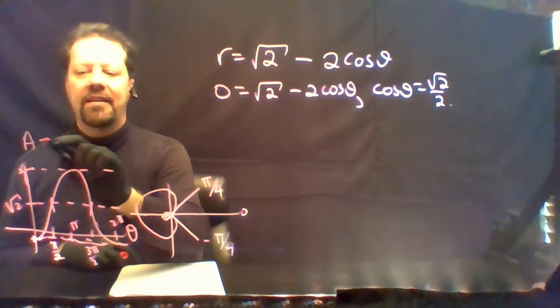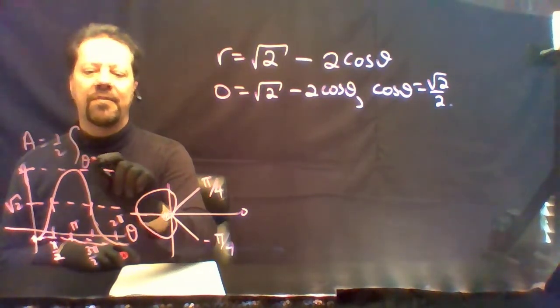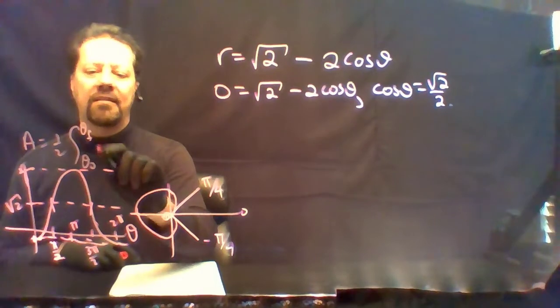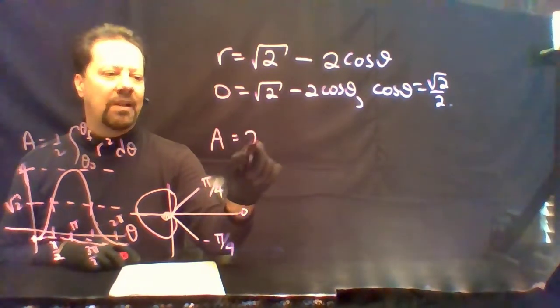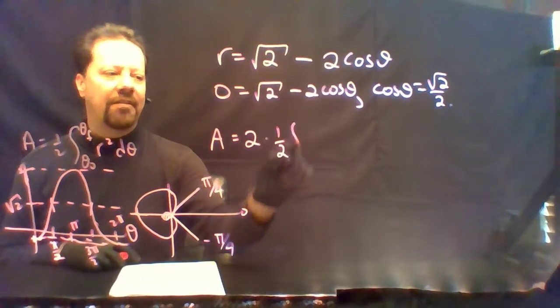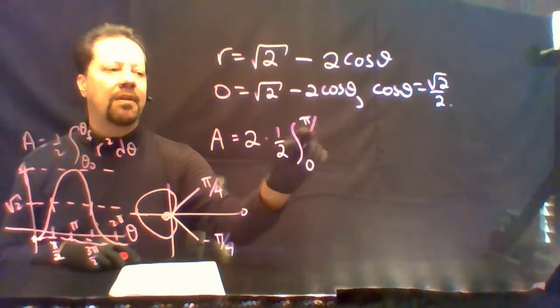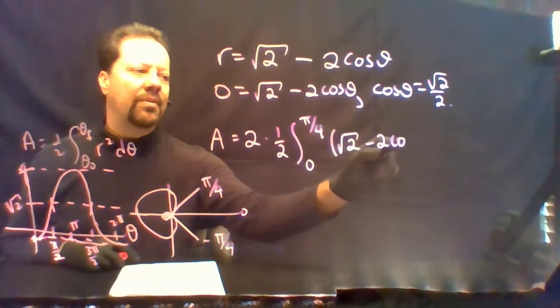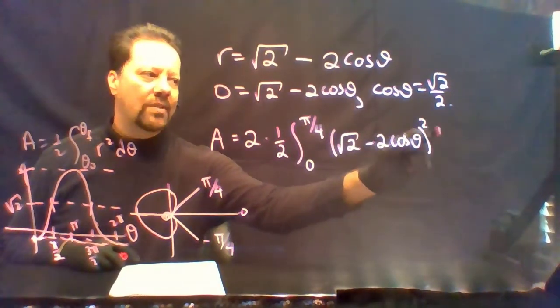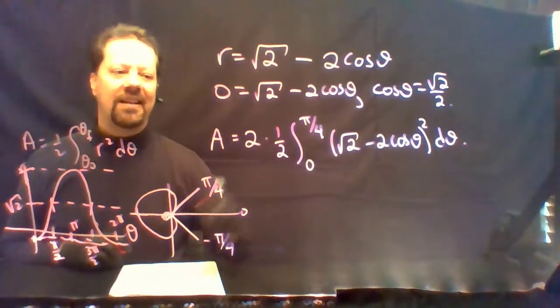The formula for the area is 1/2 the integral from theta naught to theta final, r squared d theta. So for us, we'll have double that 1/2 integral from 0 to pi over 4, (root 2 minus 2 cosine theta) quantity squared d theta.